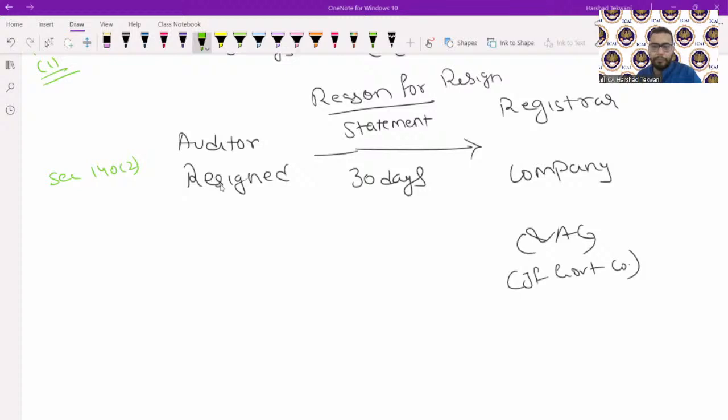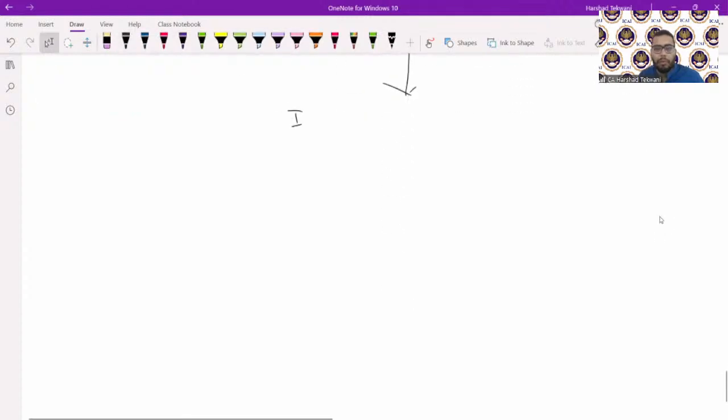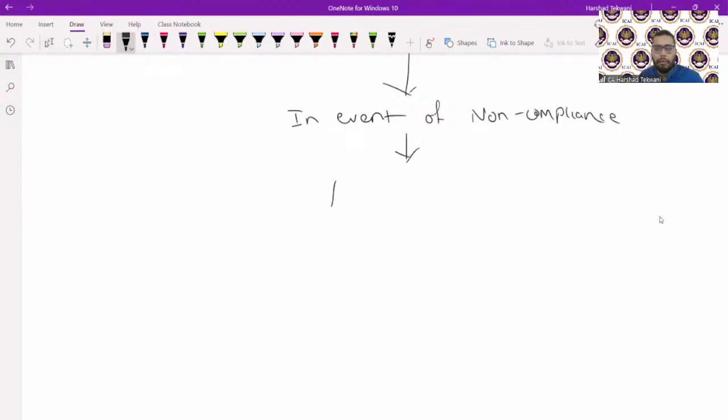If any auditor contravenes the provisions of filing the statement, in the event of non-compliance, penalty is applicable.